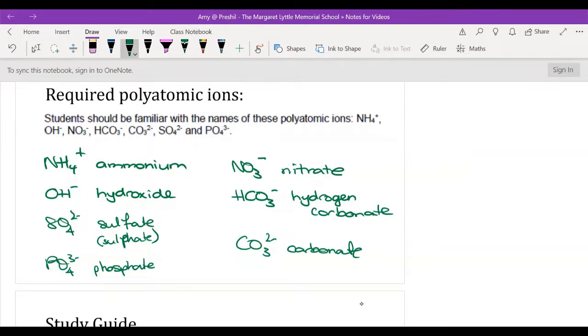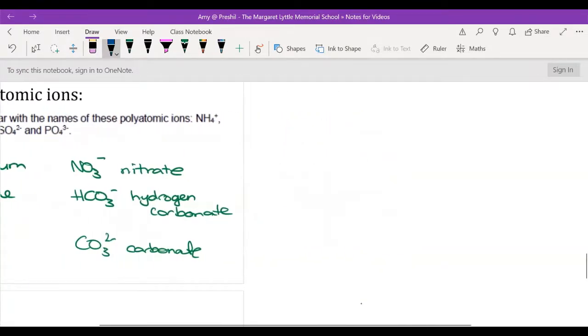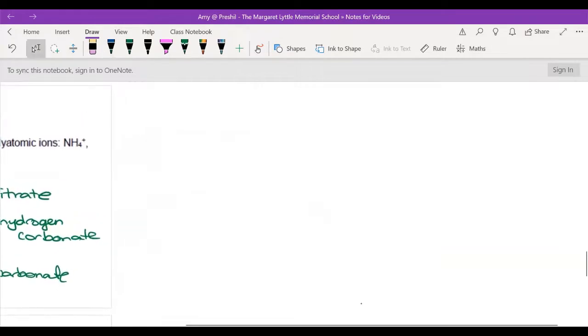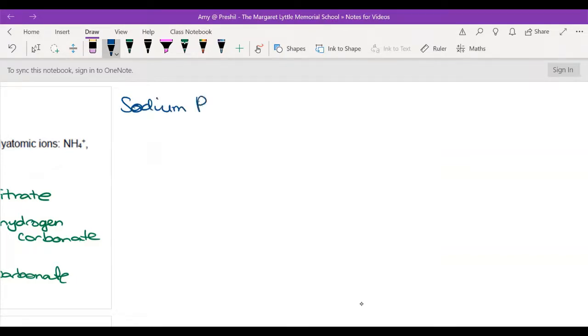So if I give you the name sodium phosphate, you should be able to determine the formula from that name. You start by identifying what the sodium ion is and what the phosphate ion is.